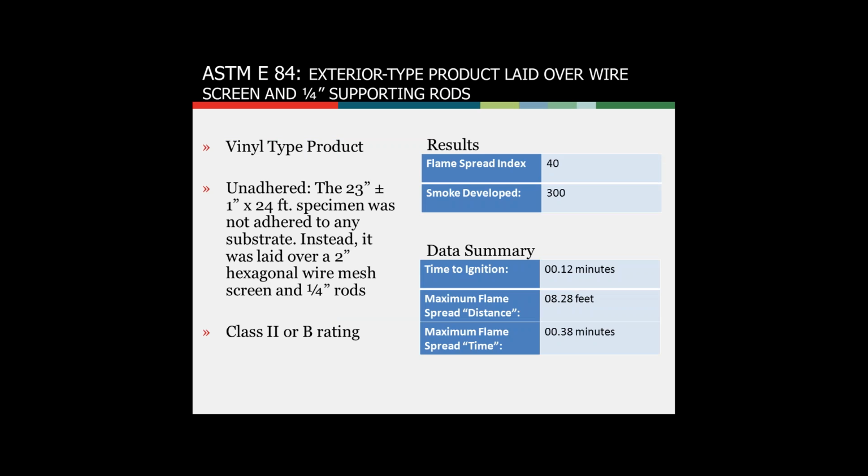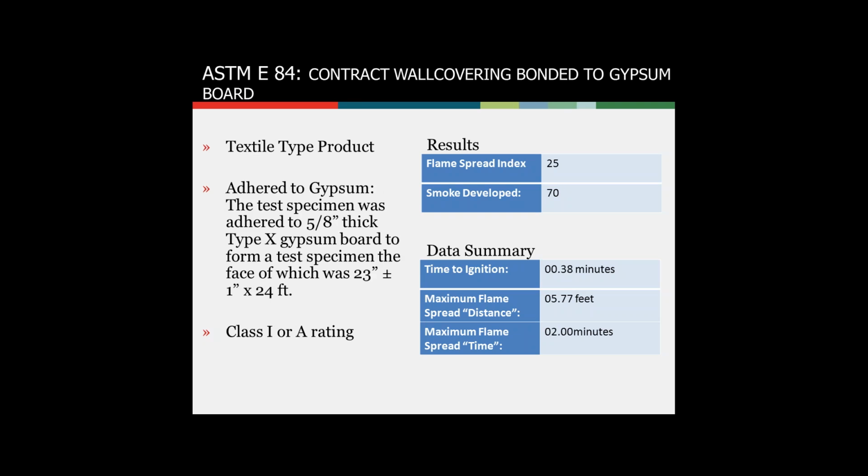If the product is used in the building but is not bonded to a surface, then the test is done over some chicken wire supported by some 1/4-inch rods. So you can see here that the flame spread index was a 40, the smoke developed was a 300, and therefore the product wound up with a Class 2 or B rating. The data summary was used to calculate the flame spread values.